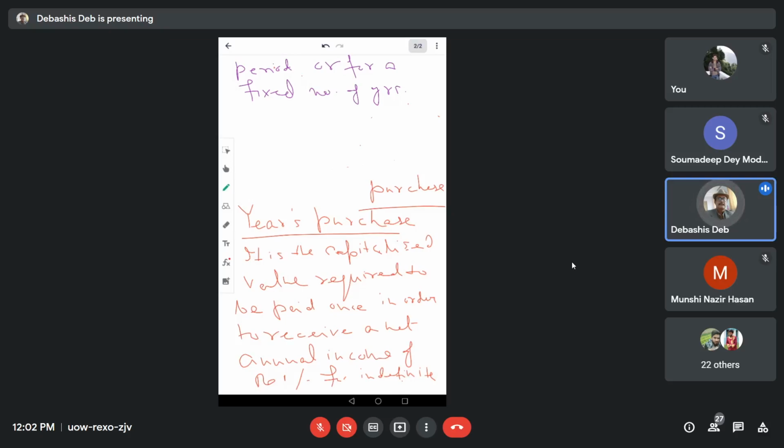Now, years purchase is the same idea. The only difference is that in the case of the car, I was receiving rupees 5 lakhs every year, and in the case of land, I was receiving rupees 5 lakhs each year. Now it is defined as the capital amount to be invested for receiving a net annual income of rupees 1.